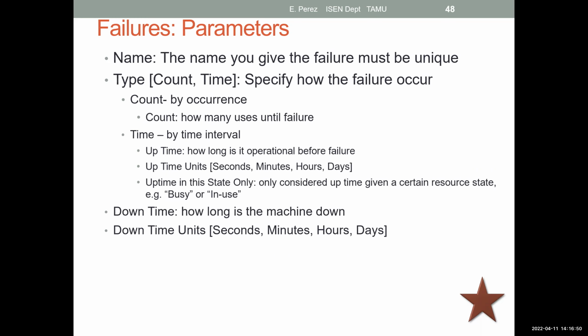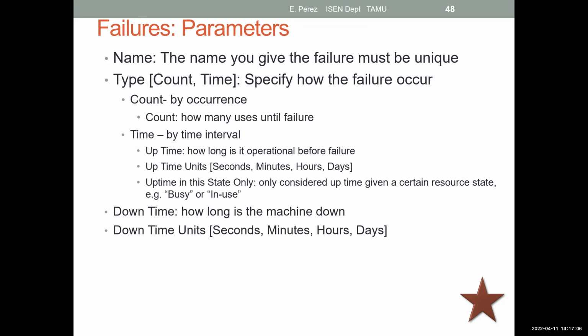So the time interval is going to be looking at the uptime. How long is it operational before failure? This could be, again, in terms of seconds, minutes, hours, or days. Uptime in this state only.